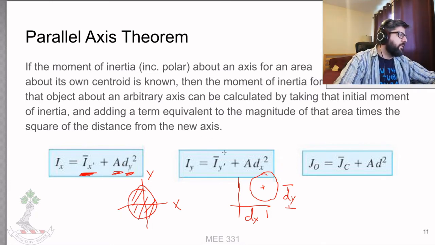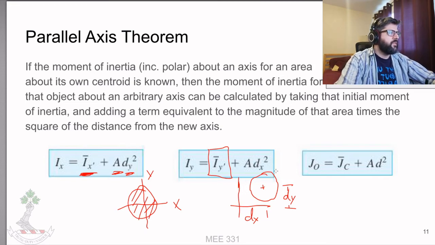So even if our distance in y or distance in x happens to be a negative value, it doesn't matter. It works out to the same thing. So we can take that, and we can essentially recalculate our terms based upon already having the known Iy or the known Ix for the original object and the shifted object.